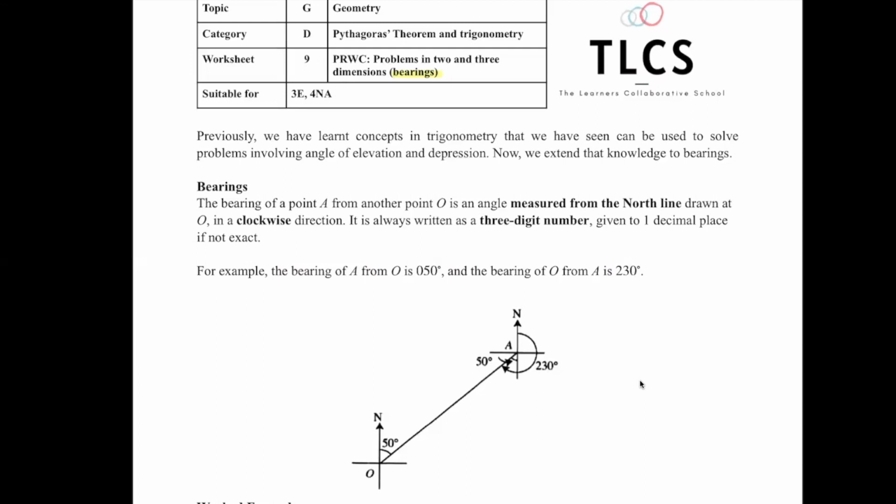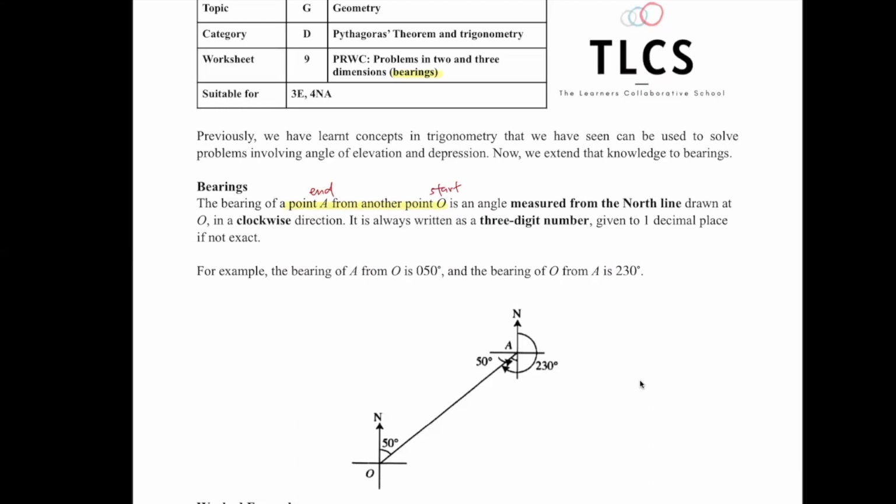The bearings of a point A from another point O. Basically the English here states that you want to start from O and you want to go to A. That's your endpoint A. So from is where you are starting, A is where you want to go to. So you are standing at O, you want to go to A.